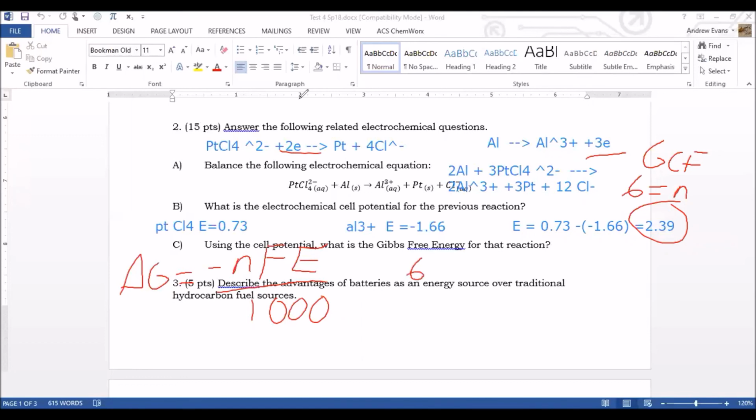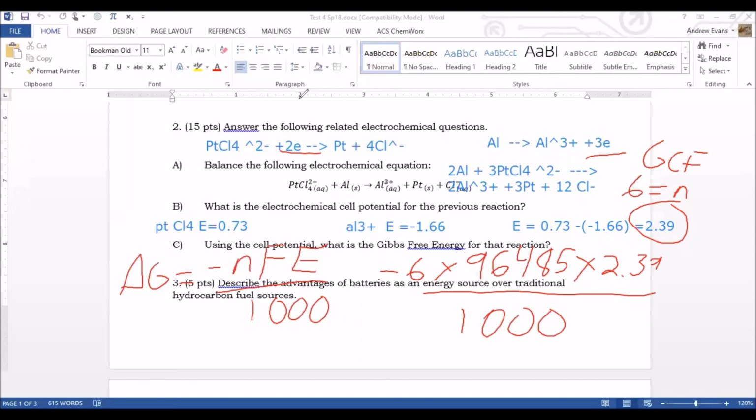So we're going to say negative 6 times 96485 times 2.39 divided by 1,000. So negative 6 times 96485 times 2.39 divided by 1,000 is still incredibly big.